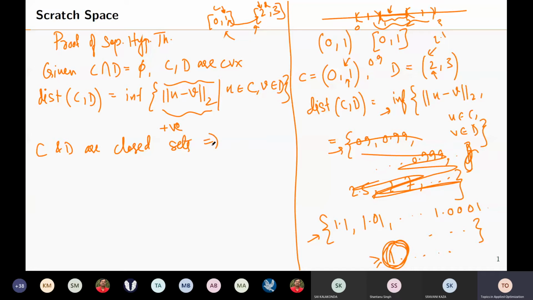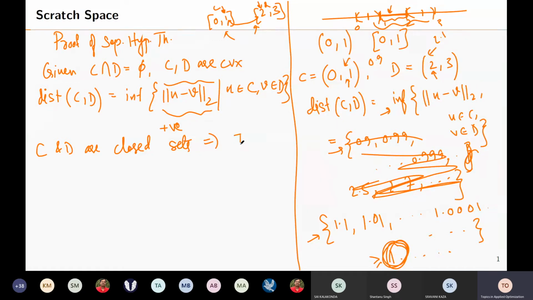Okay, this implies, so you just imagine like this: if C and D were closed sets, then there will exist some element C in C and D in D, for which if you subtract and take the norm, then that infimum is achieved, right?